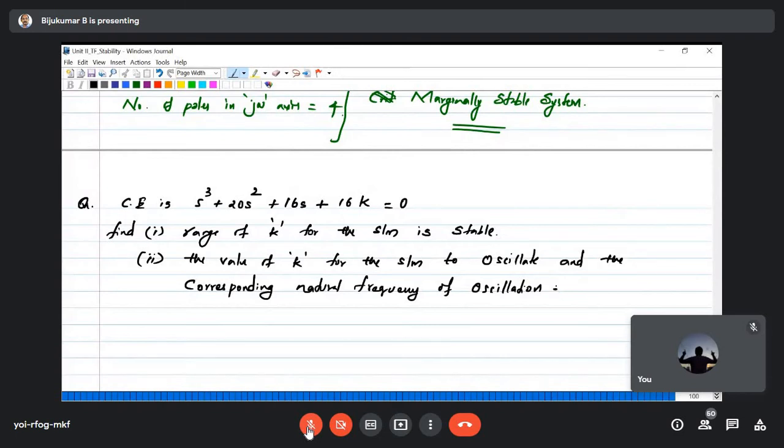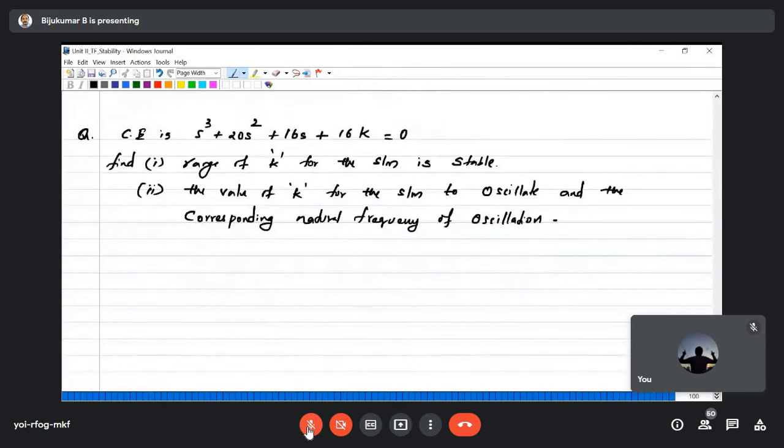Yeah, you calculate and tell me. Everyone, please do it and tell me what is the range of k for the system to be stable, and at what value of k the system can oscillate, and also if it is oscillating, what is the natural frequency of oscillation. So please do it and tell me.